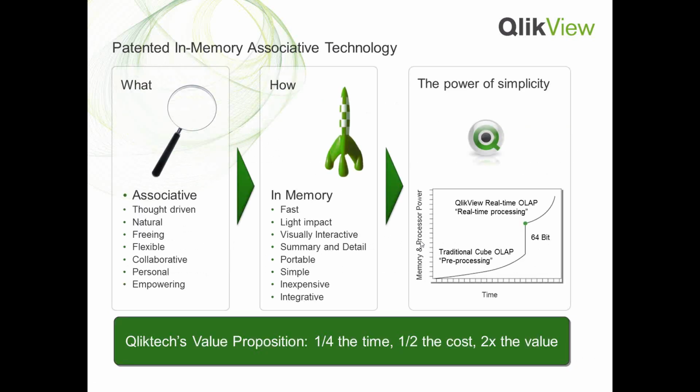So this is the what and how of the in-memory associative technology. Basically, the associativity is thought of as: how the user thinks, or what the user thinks, is what can be modeled in QlikView.